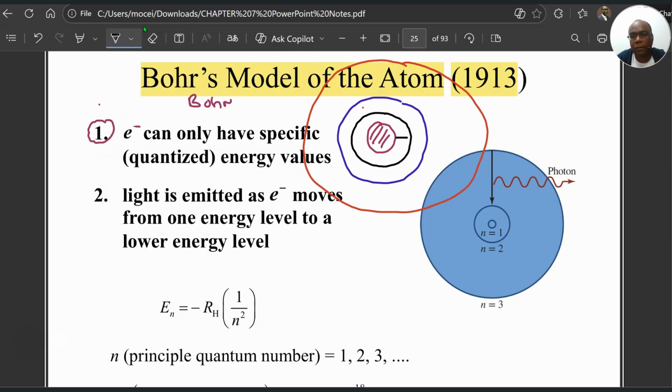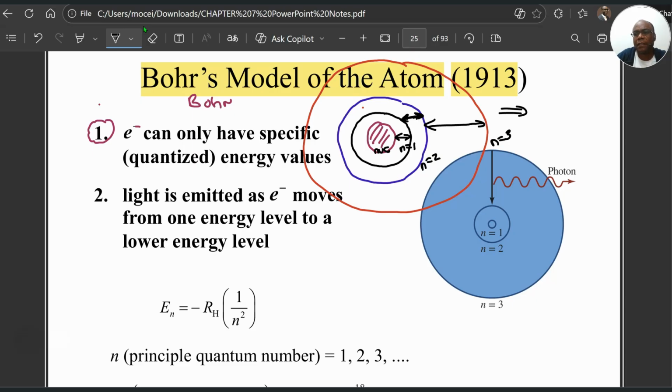So the distance from the black circle to the nucleus must be different from the distance from the black to the blue. Usually it's a little bit longer, and then it's even longer from the blue to the red. So call these energy level n equals 1, energy level n equals 2, energy level n equals 3.